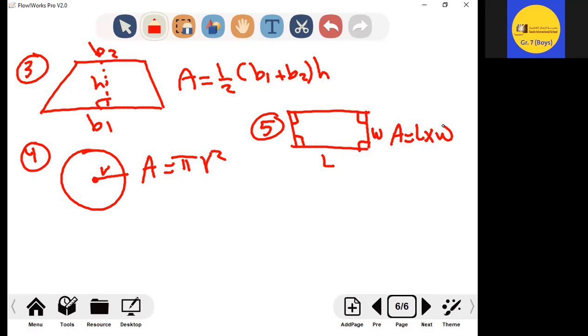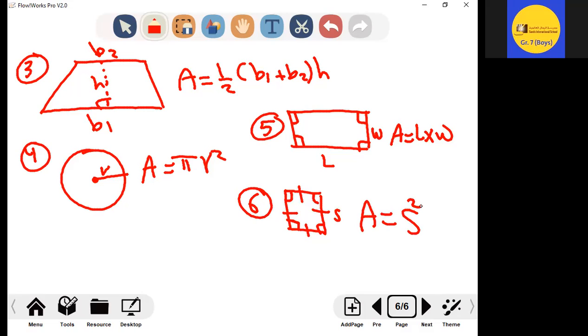Okay. The last one, which we need to know, is the square. The square has four equal sides and four equal right angles. And I will call the side S. A equals S to the power of 2.